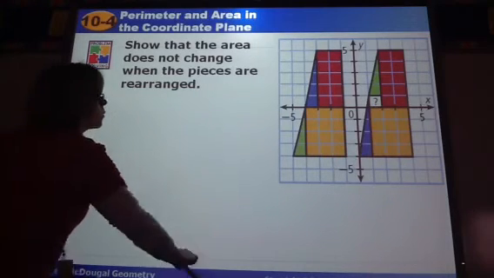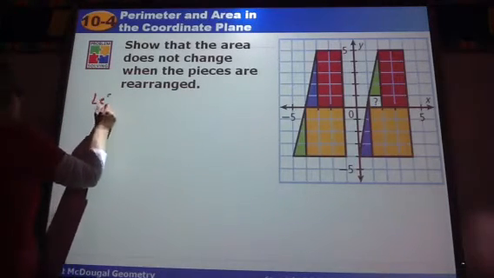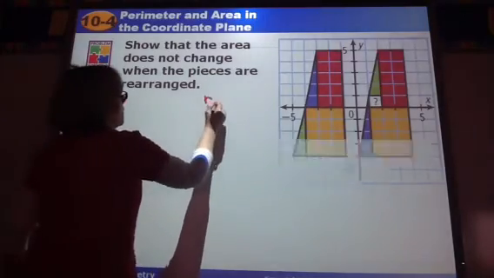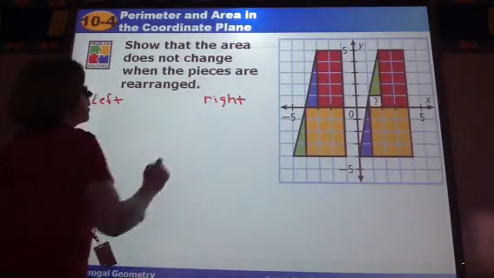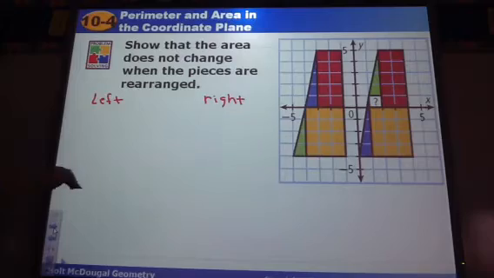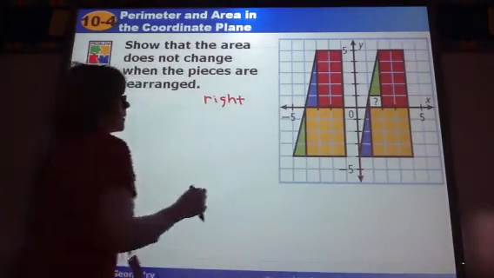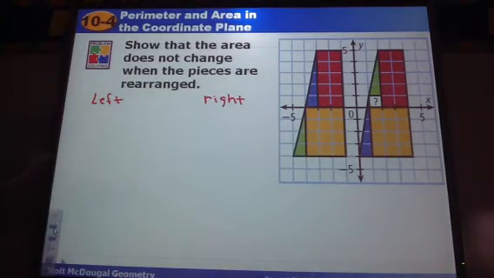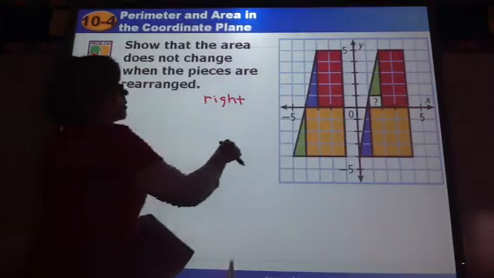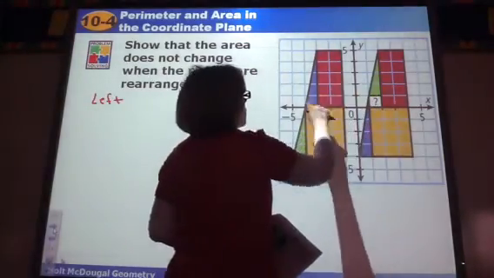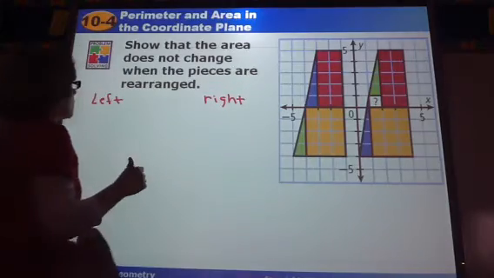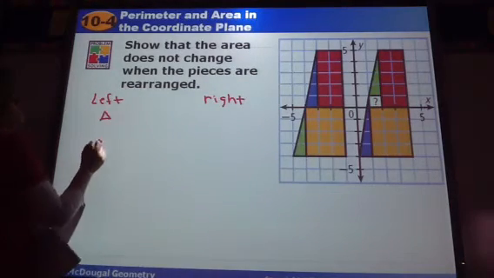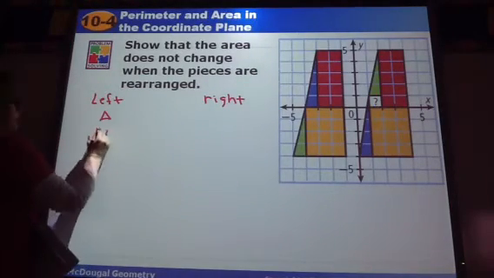Okay, so what we have here is we have a figure on the left, and we have a figure on the right. And we want to see if their area is the same when you move around the little pieces, okay? So, on the top part of this coordinate plane, we have quadrant 1, quadrant 2, so we're going to look at this right here, quadrant 2. We have a triangle, and we have a rectangle, okay?